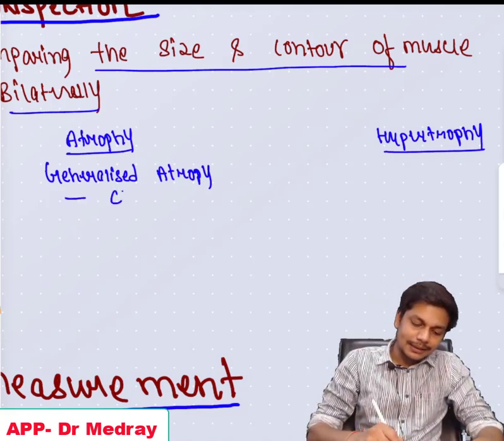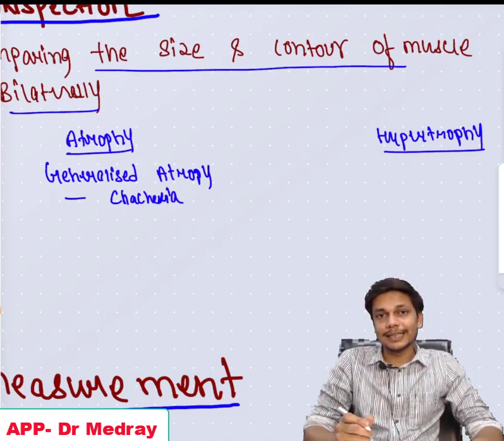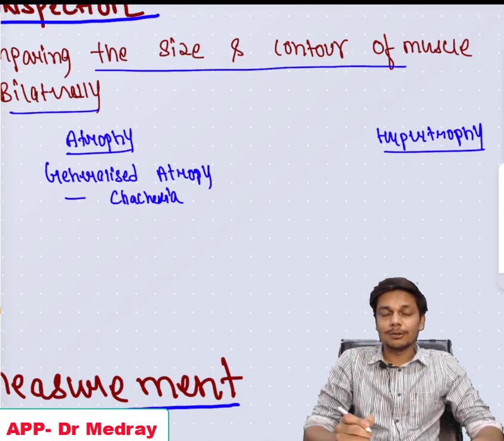If the patient has cachexia, because of chronic infection or chronic disease like chronic kidney disease, chronic liver disease, malignancy, or any other reason, there will be loss of muscle and all the muscles might undergo atrophy.